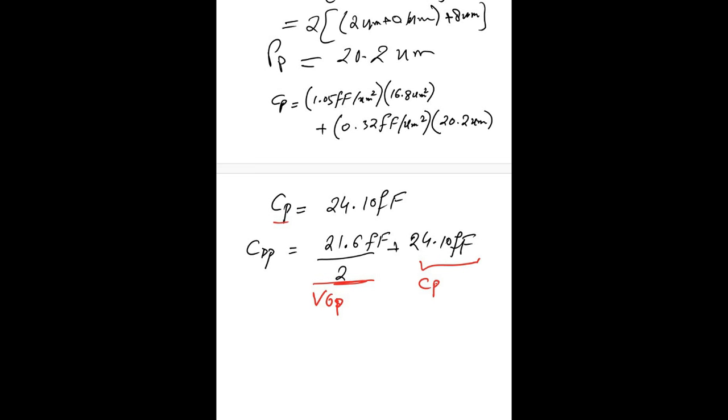So the final value for our MOSFET drain capacitance, CDP, will be equal to 34.9 femtofarad. So this is our final expression for CDP.